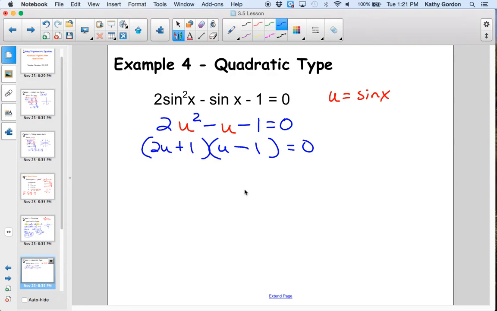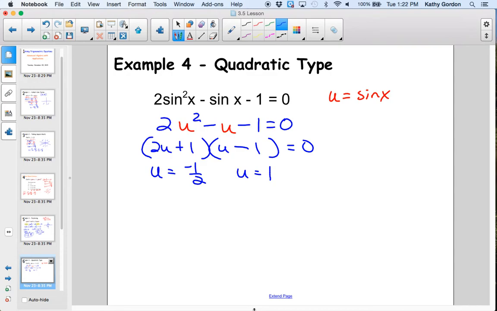Okay, so if those are my factors, then from this first factor, what could u be equal to? Negative 1/2. And from the second factor, what could u be equal to? A positive 1. Okay? So I have solved the quadratic part of this problem.